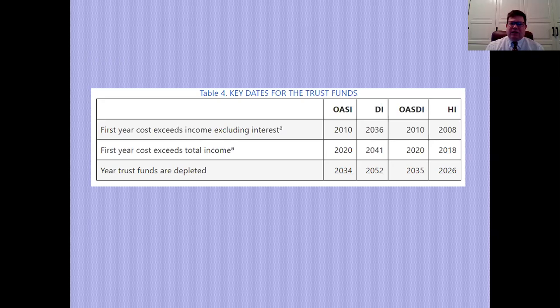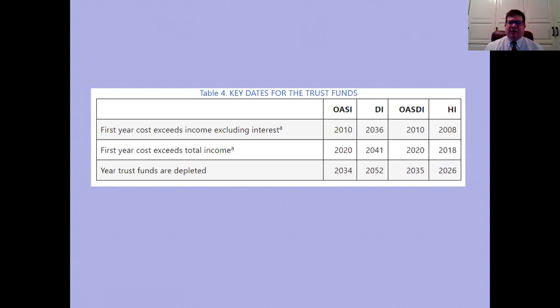Now, what we see in 2020 is the first time that all the income, both the money we're making off of the trust fund that was established in the 1980s as well as income coming in from Social Security, is now less than the costs. And by the year 2034, the amount of money in the Social Security Trust Fund will be depleted.